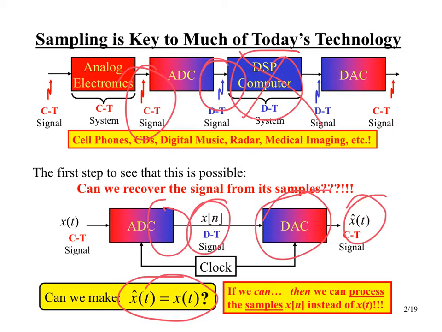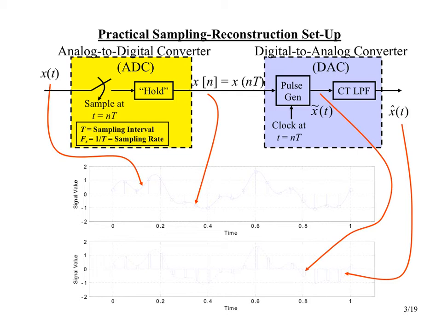If the answer is yes, then we know that the samples completely represent x of t, and we don't lose anything, at least in theory, going to digital signal processing. So that's what we're trying to establish.